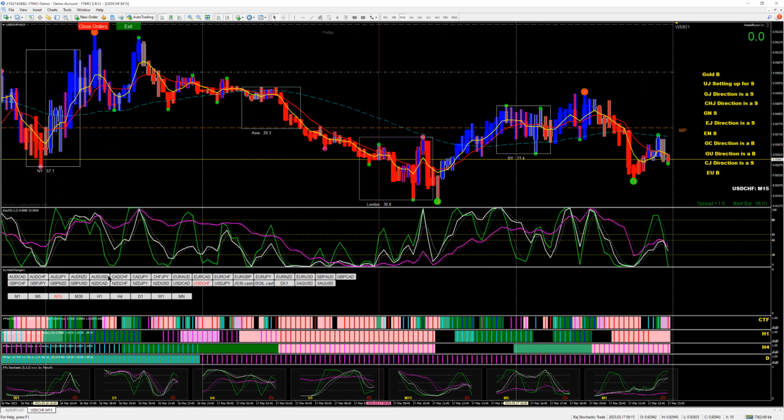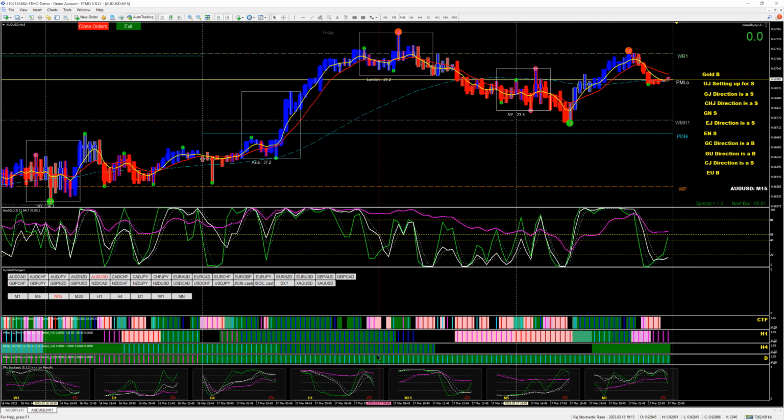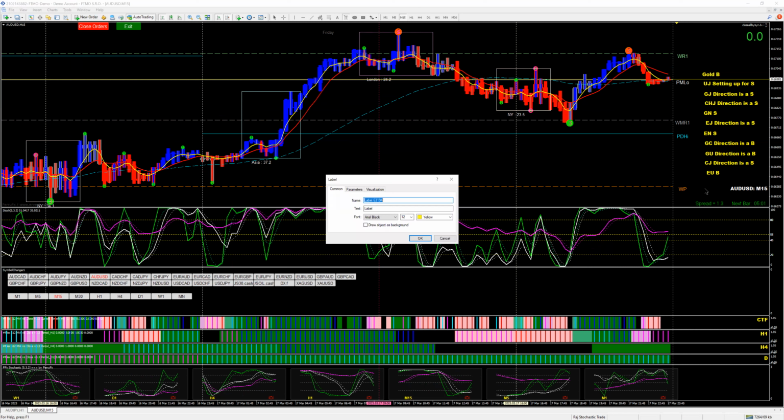Aussie dollar, set up for a buy. I'm just going through all the pairs, though I've already identified 2 I want to trade. So AUI. And then NZD US, that's the last one. And that's set up for a buy. So NU.